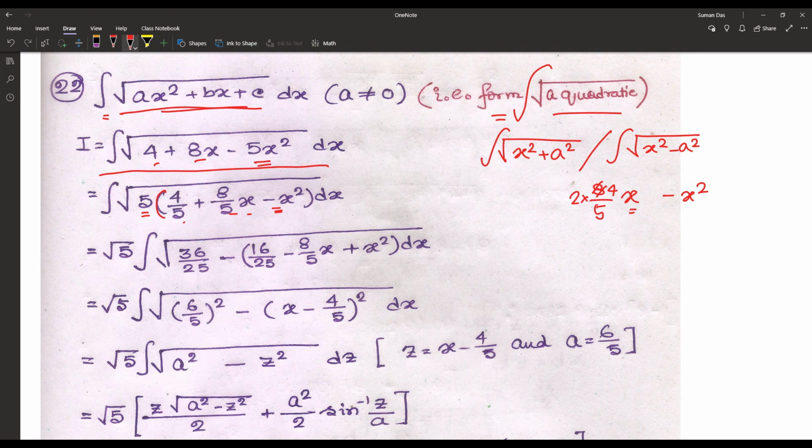So that one is 2, that one is our suppose b, that one is our suppose a. Already the a square was there, minus or plus that should be calculated after that. As that is minus, that is plus, once again we have to consider the minus here, and that must be 4 by 5 whole square. As minus has been taken, so we are taking 16 by 25 plus here, and already the plus 4 was there.